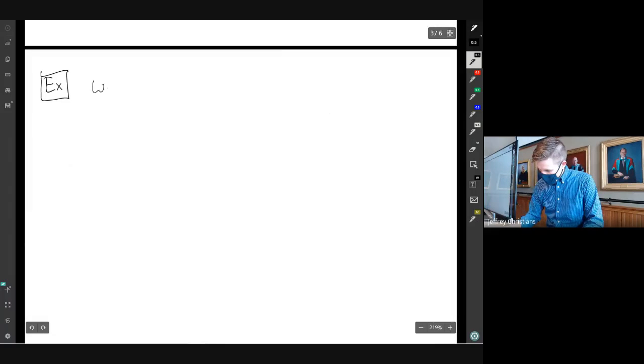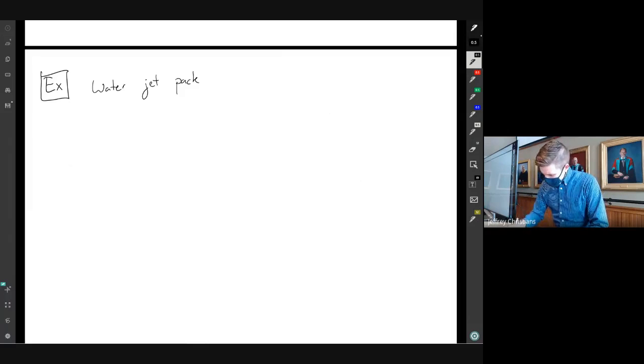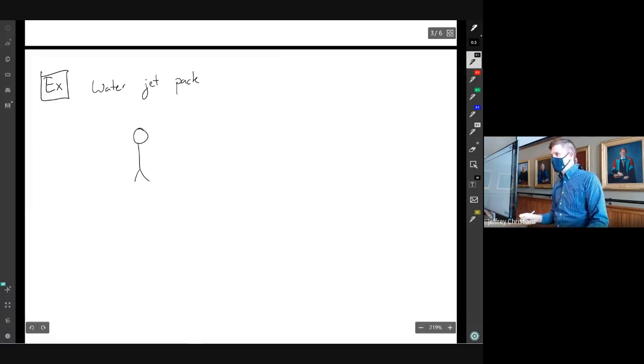So this is the water jetpack. So we're going to say, here's our guy. This is the point where he's not crashing, which is rarely, but okay, so here's his little jetpack.